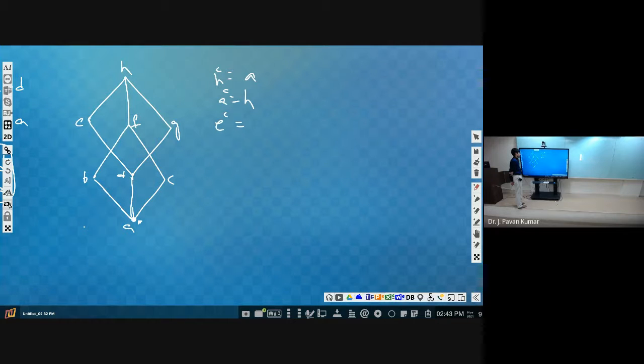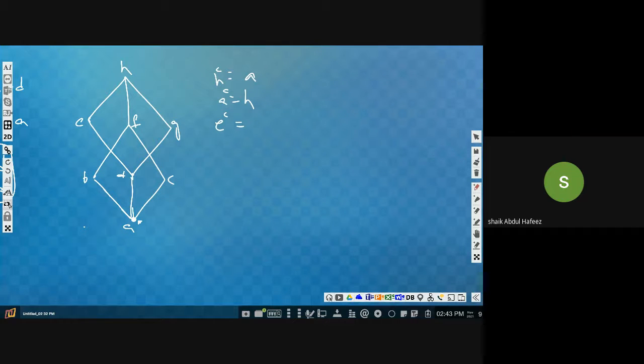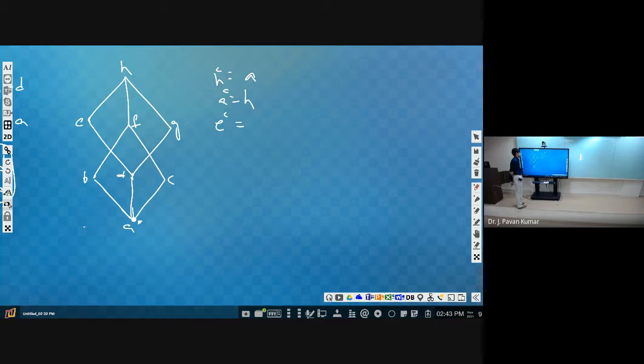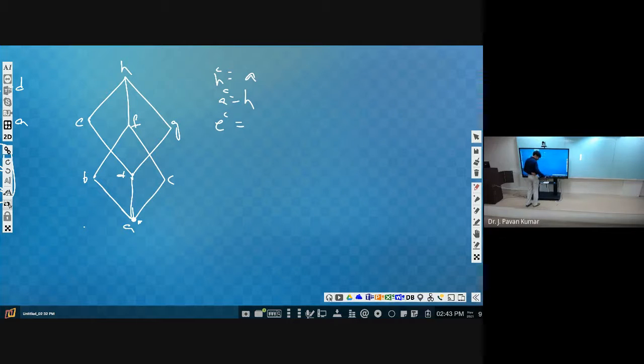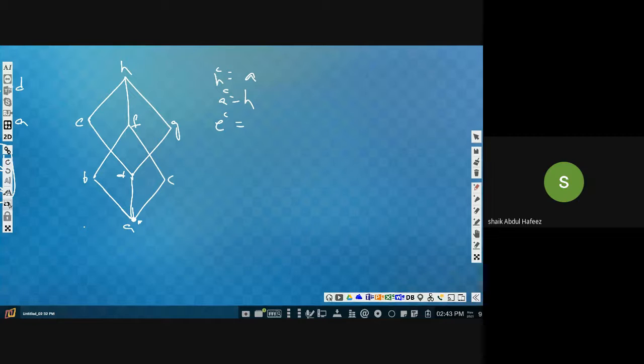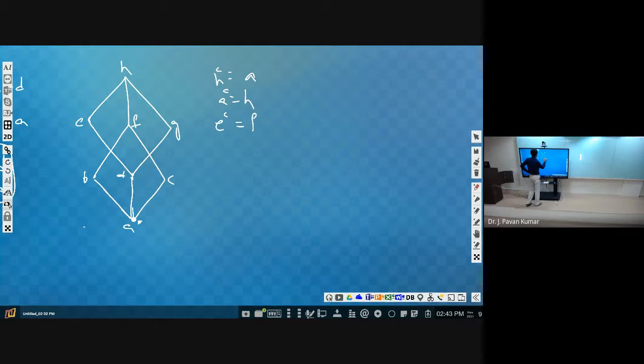E meet F is A. So both the conditions are satisfied. So E complement, can we say F? Yes. Can we say G? No, because E meet G is D. So E complement can be considered as F.